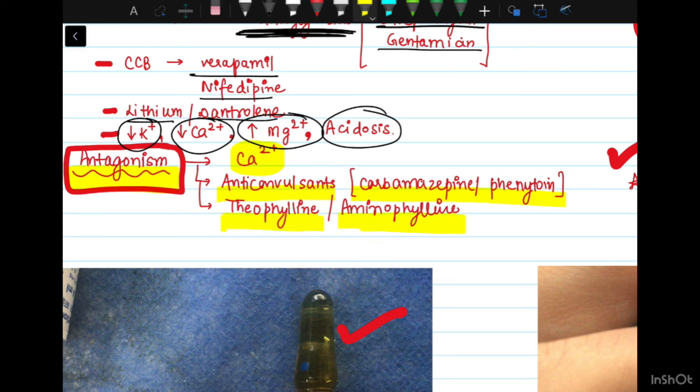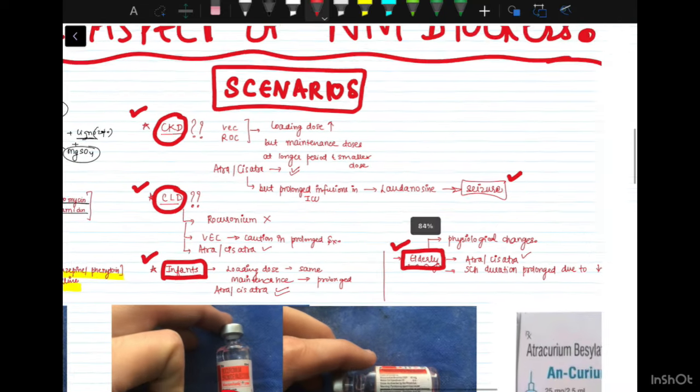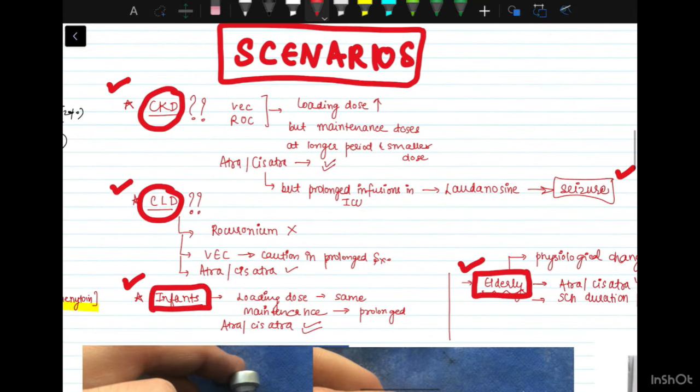Suppose the patient had bronchospasm intraoperatively, to relieve it there are several drugs, but a very commonly administered drug is aminophylline. Or the patient was chronically on theophylline because of asthma or COPD; those patients again will have faster recovery from these agents.